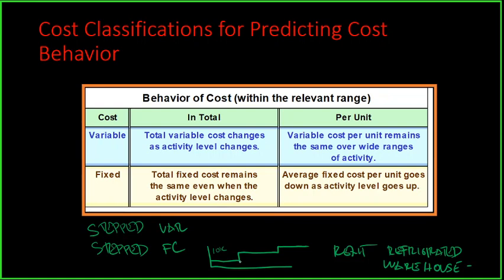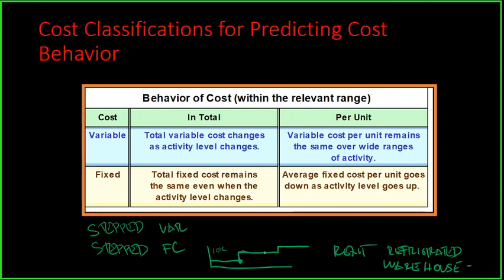pwede mong ayusin siguro, isiksik mo na lang yung pagkaka-Tetris, di ba? Pero kapag sumobra na yan, okay, let's say 100 gallons is the capacity. But if you produce, let's say, 110 gallons, one warehouse is no longer enough. So you have to rent another warehouse.